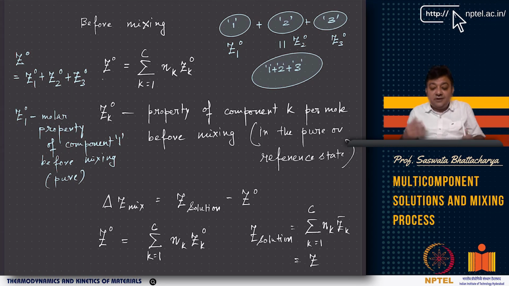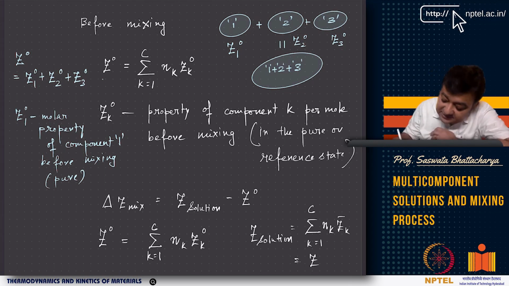If you sum it up, then what you get is Z0, and Z0 is an extensive property of the mixture when we are not taking into account any mixing. So Z0 is the sum of properties of pure components 1, 2, 3 and so on, weighted by the mole number of each component, right? So that is Z0.